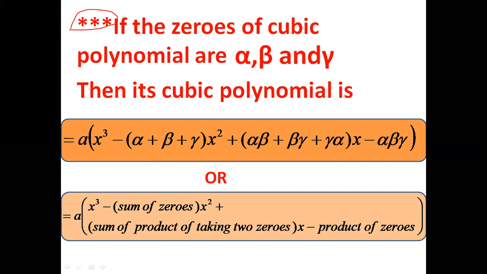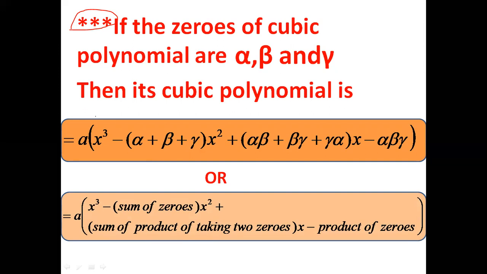If zeros of the cubic polynomial are alpha, beta and gamma, then its cubic polynomial is a into x cube minus (alpha plus beta plus gamma) into x square plus (alpha beta plus beta gamma plus gamma alpha) into x minus alpha beta gamma, or a into x cube minus sum of zeros into x square plus sum of product of taking two zeros into x minus product of zeros, right?